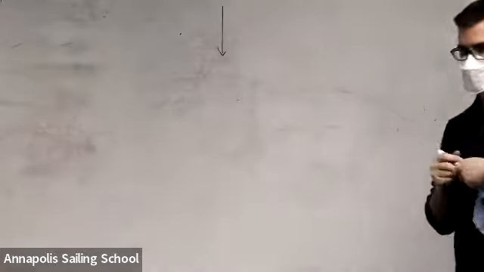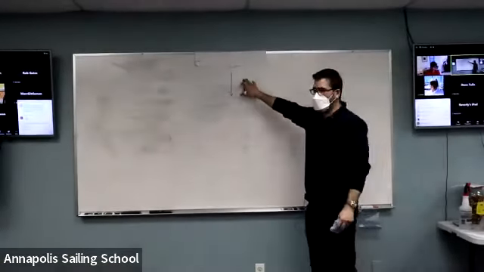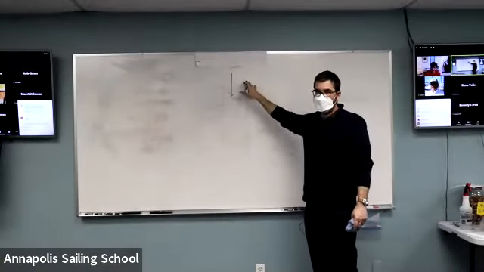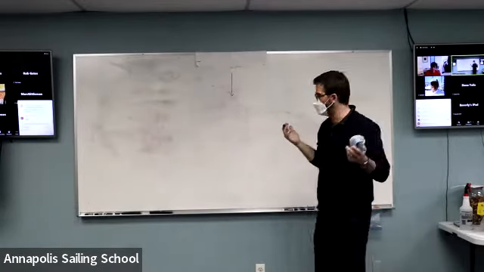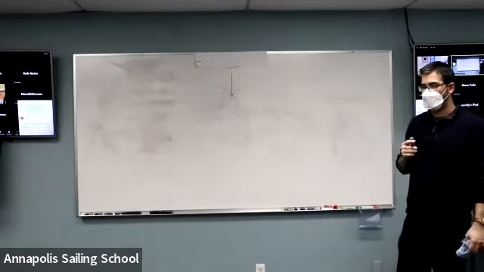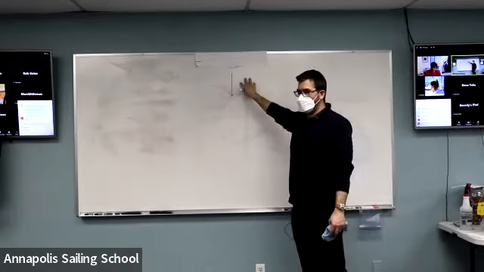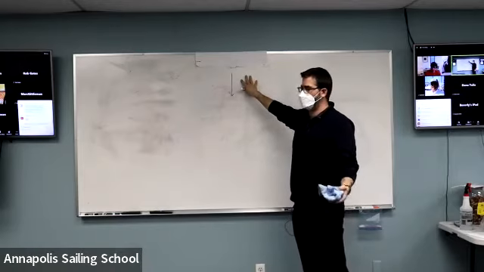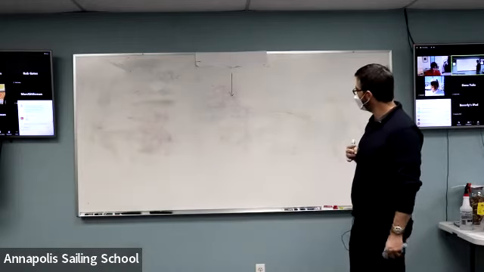But boats don't feel true wind. Boats feel apparent wind. So boats are feeling the wind from the actual wind that's blowing on the earth, plus the wind it makes from traveling. Boat can't tell the difference. You can't tell the difference between those two winds. So what we feel out there, the boat we're sailing in, is the apparent wind, which is the vector sum of the true wind and also the wind from the boat. I would call that the boat wind. There might be a better name for it.